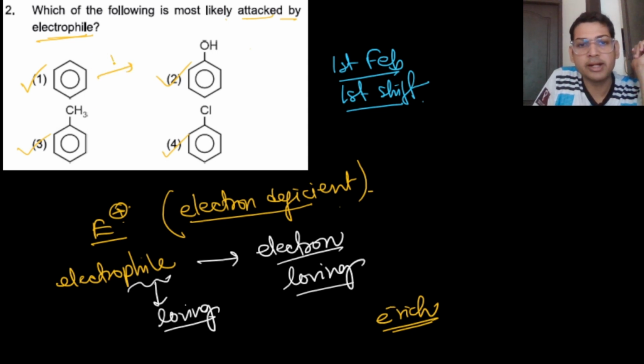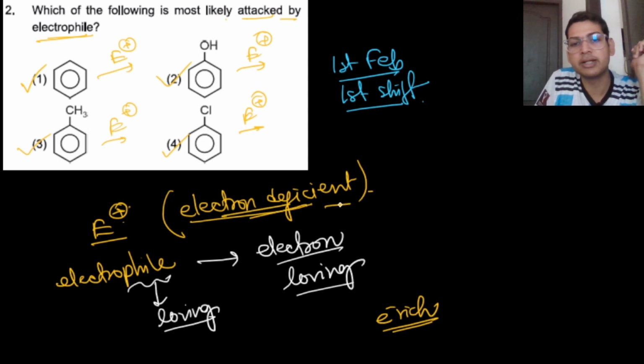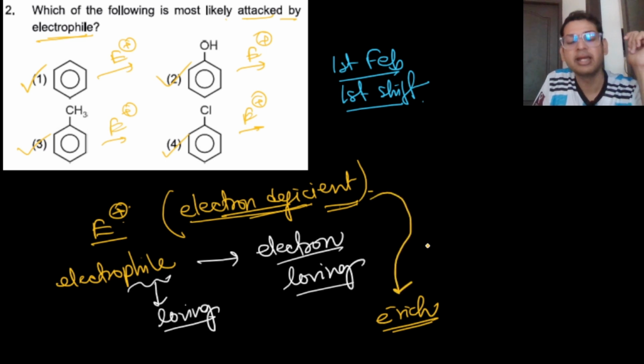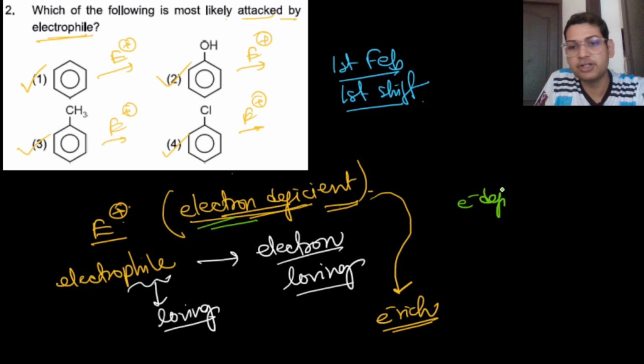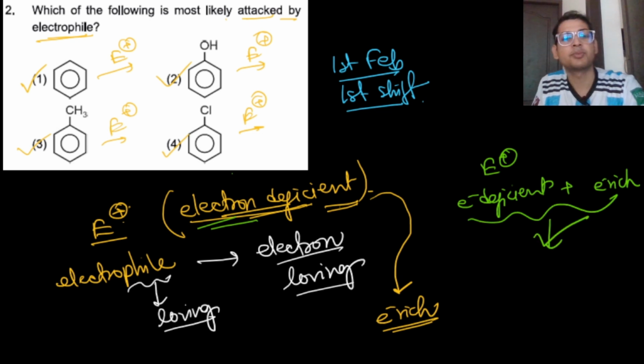Because if it wants to react with an electrophile, and the electrophile is electron deficient, then the electrophile needs someone that is electron rich, and only then will the reaction proceed. So I have to find which one of them is more electron rich. Yes. How to find? Let's go to the next page.